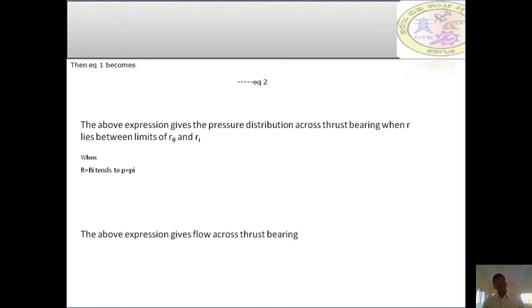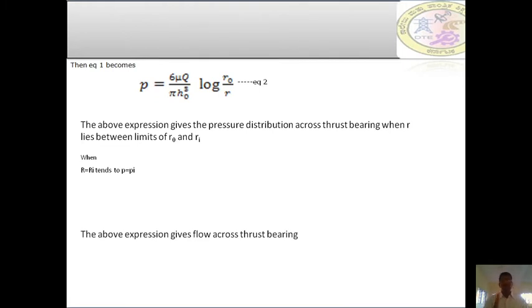Then you substitute that c value in the above equation. See here, the p value becomes log of r naught minus this one; the 6 mu q by pi s naught cube, you take it outside. Then by the logarithmic rule, log of a by b is equal to log a minus log b.